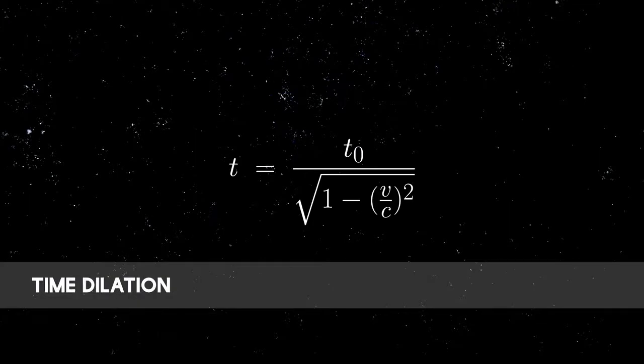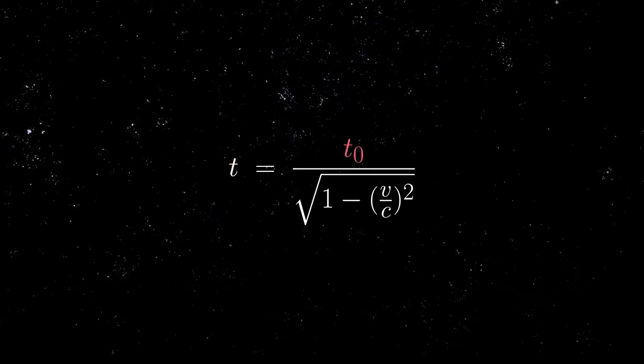It's not just length that changes though, time also changes. Time dilation is given by the equation t = t0 / √(1 − (v/c)²), where v is the velocity of the observer and c is the speed of light. In this case, time is modified by dividing by the terms under the square root sign.